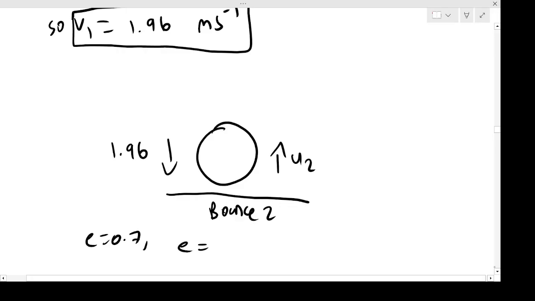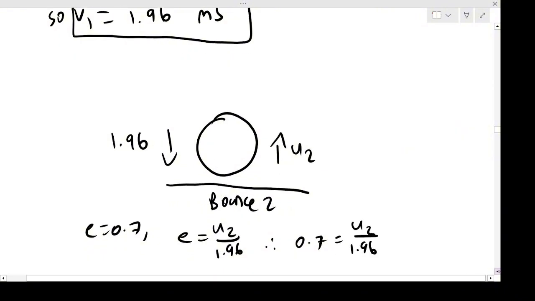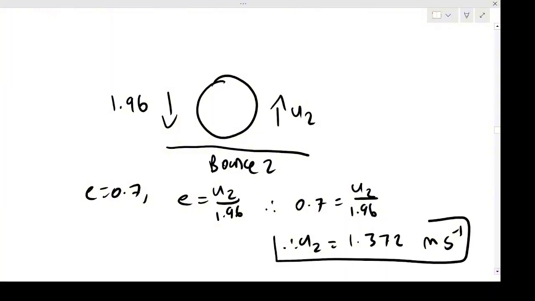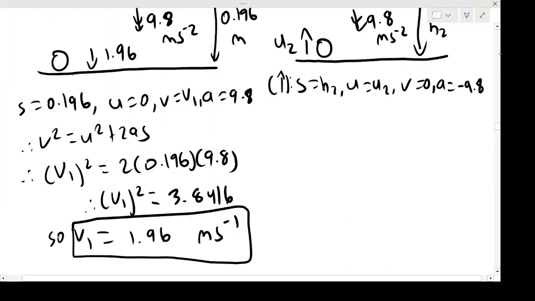So E is going to be u2 over 1.96. Therefore, 0.7 is u2 over 1.96. So u2, if I cross multiply, 0.7 times 1.96, is going to be 1.372. Okay, so I can add that on.